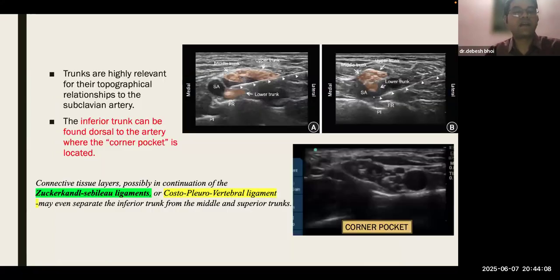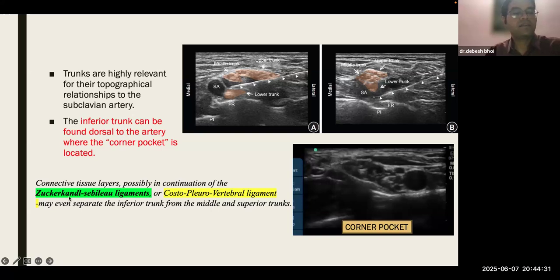As I was telling you regarding the formation of the different trunks, sometimes the inferior trunk is very important, because if you see the relation of the trunk compared to the subclavian artery, the inferior trunk is more dorsal, while the superior and middle trunks are more cranial or superficial to that artery.